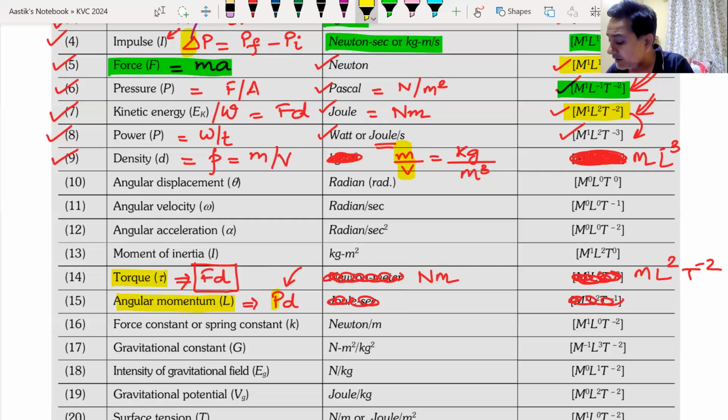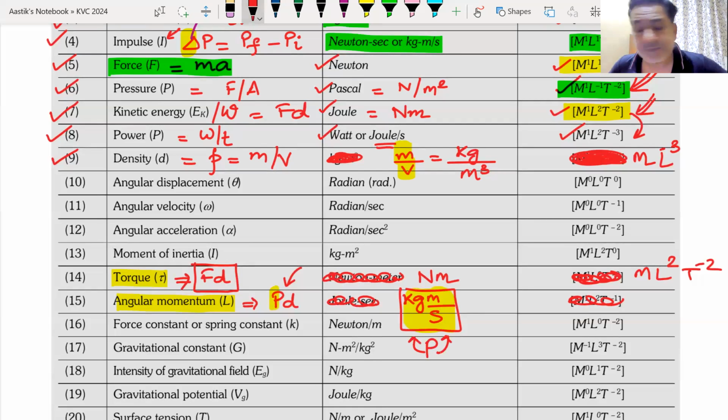Remember the SI unit of momentum. What is the SI unit of momentum? It is mass into velocity. Mass is kg. Velocity is meter per second. So kg meter per second becomes my momentum. Do we understand this? Yes or no? Now I simply have to multiply it by distance.